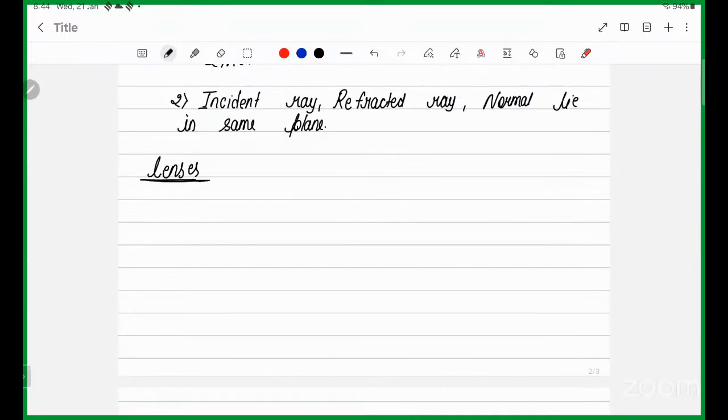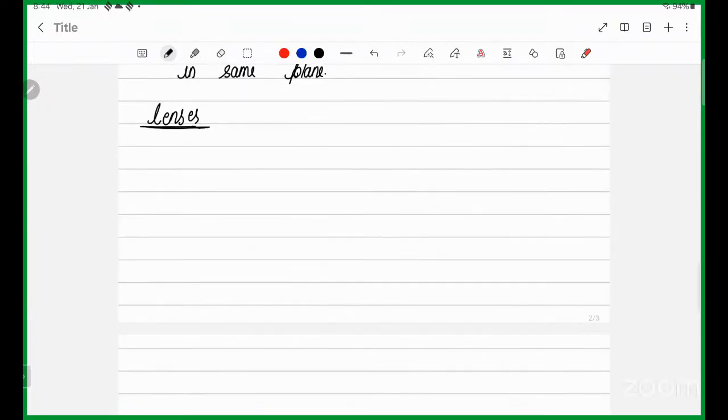Okay, basically, first we will talk about convex lens, which is also known as diverging lens. Convex lens is basically, sorry, not diverging, it is converging lens. Okay.